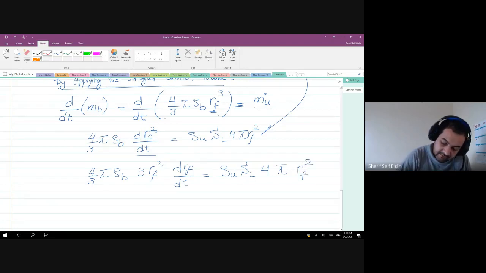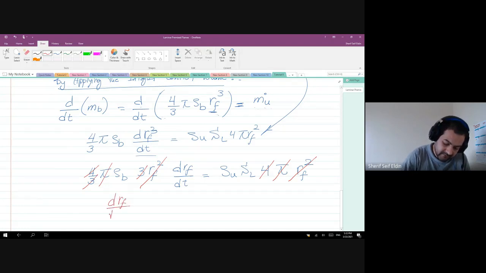So we can cancel out the flame radius, pi and 4 with 4, 3 with 3, and we're left with drf by dt.